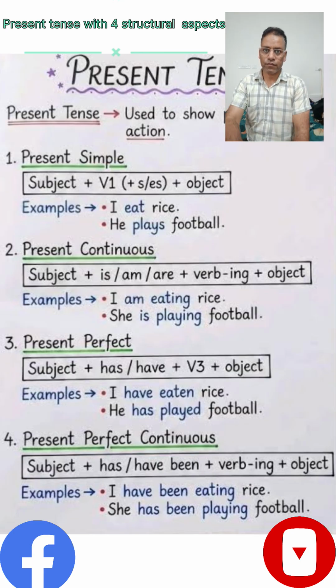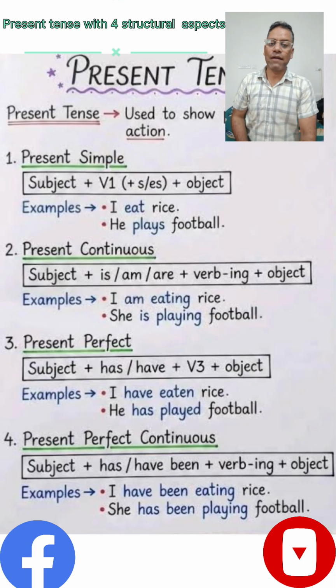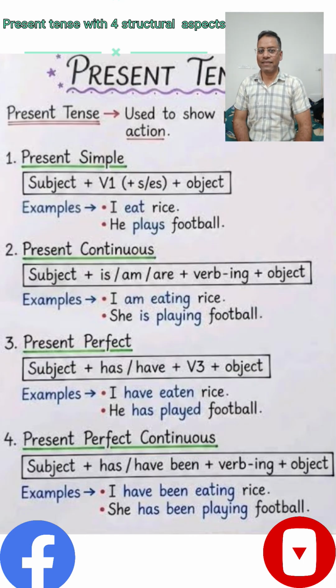I have eaten rice. Likewise, we have another example for it. Say he has played football. He has played football. So there he acts as a subject again, but that third person singular subject.